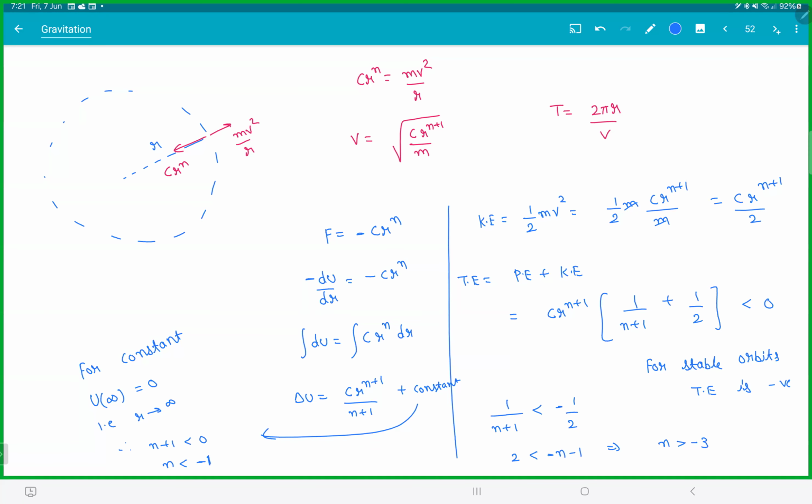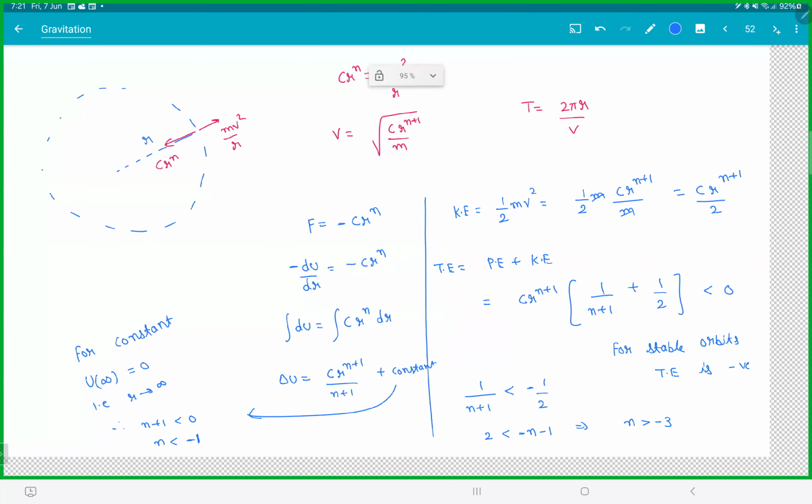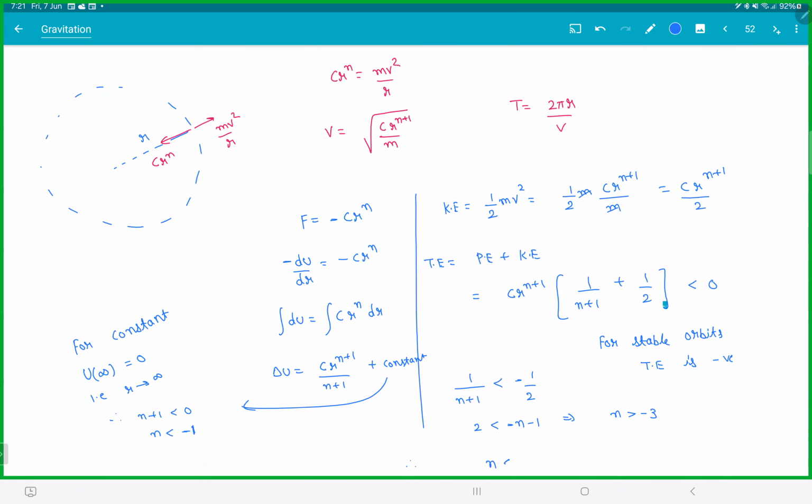Getting it? So it should satisfy both the conditions. Therefore, n value should lie between -3 to -1. Are you getting the logic here?